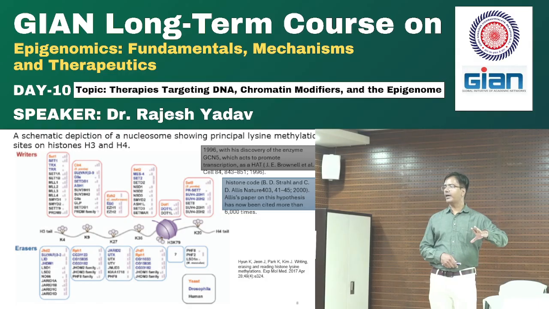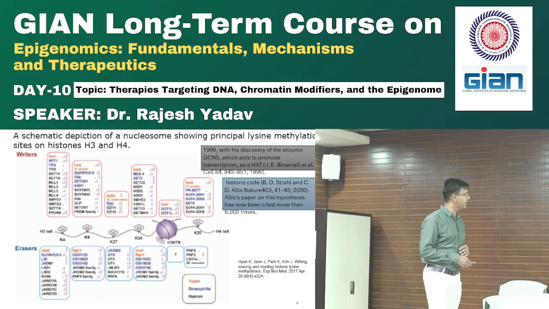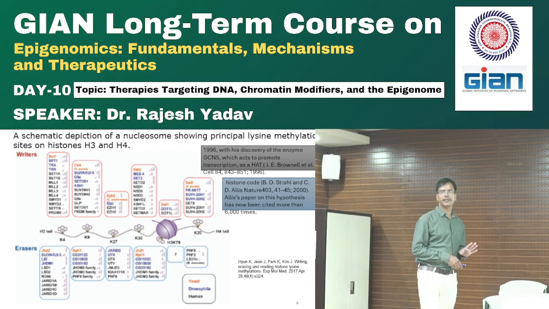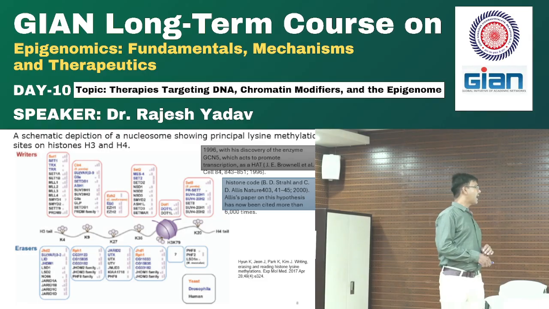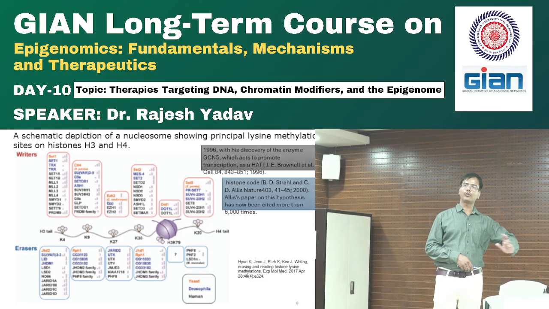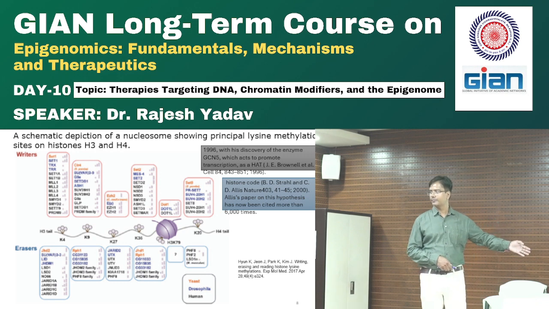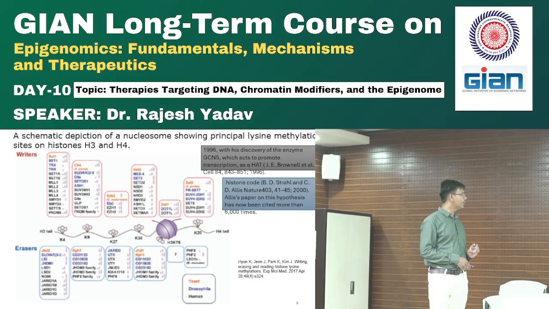If it is required in your career, then you can go for novel modifications, because these things have been very well studied. Although they have been well studied, I will tell you why we still do not have a good therapy. At the end of the lecture, at some point, I will tell you.